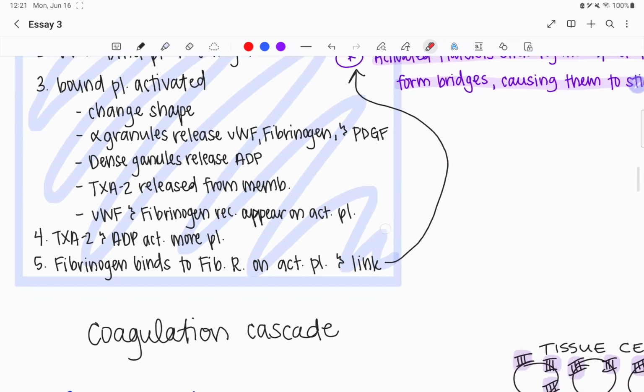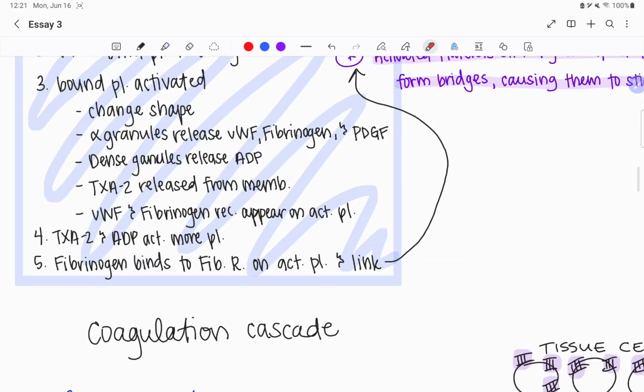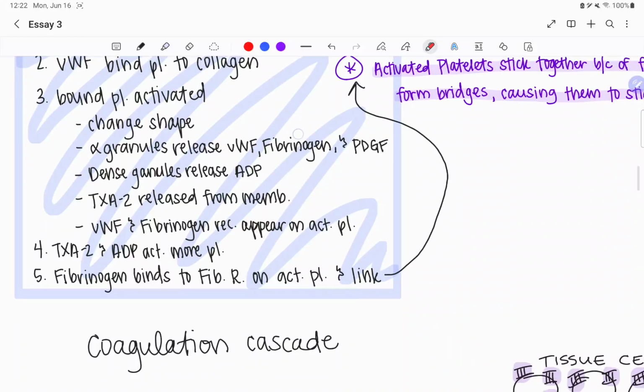And then another thing is VWF and fibrinogen receptors appear on activated platelets. So when they're not activated, we don't see these receptors on there necessarily. We see some VWF, obviously, because they have to attach to something, but as they become activated, we see more of these. Oh, and then, like I said earlier, TXA2 and ADP activate more platelets. So they're bringing more to the cause here.